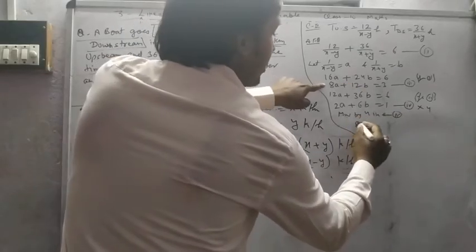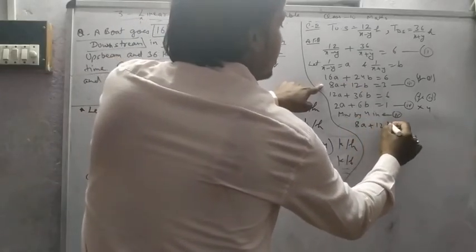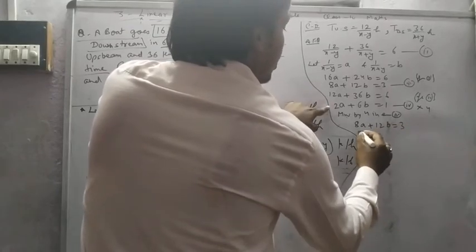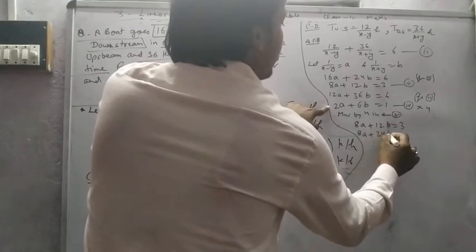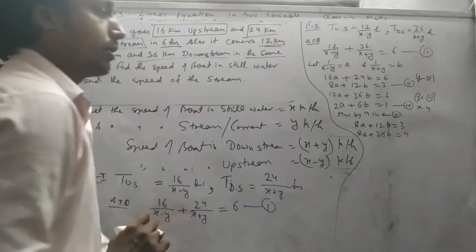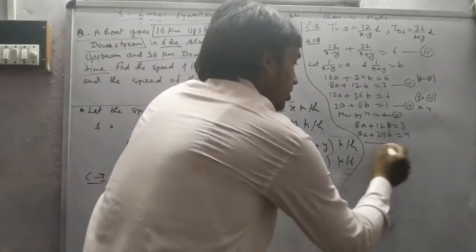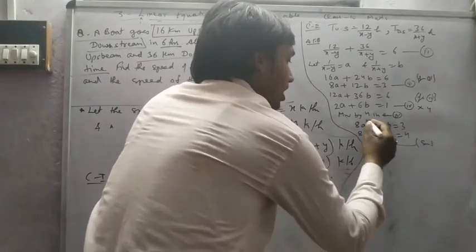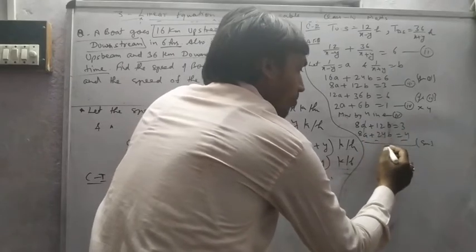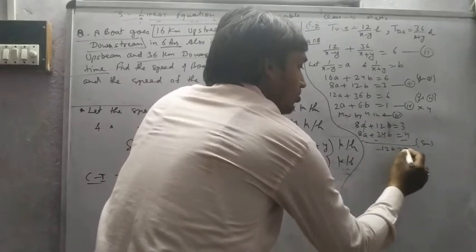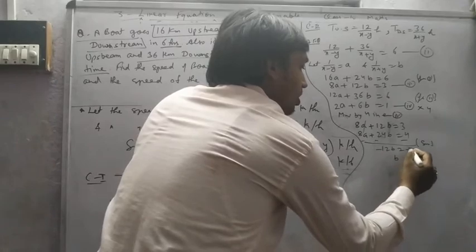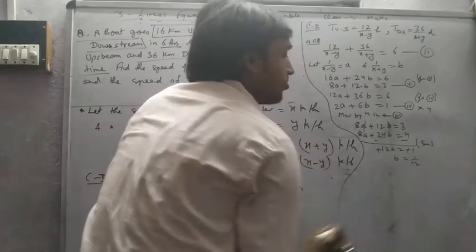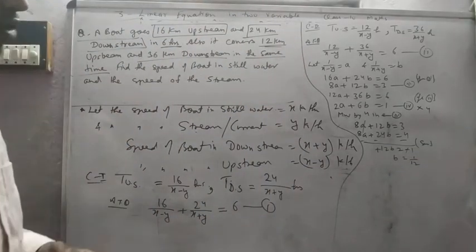Third equation is the same, 8a plus 12b equals 3. Here 8a plus 24b is equal to 4. Multiply by 4. Then subtract, cancel out, minus minus minus. 12b is equal to minus 1, b is equal to 1 by 12. You get the value of b.